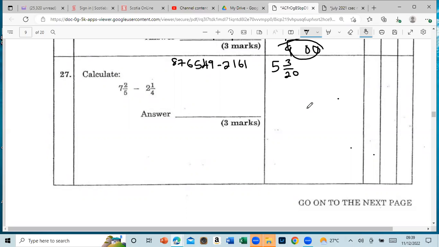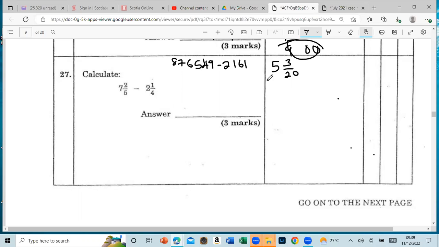The others work it out, right? Are you not finished yet? Yes, sir, I'm finished. I got 5 and 3/20. Okay, you got the same thing. Same thing as well.